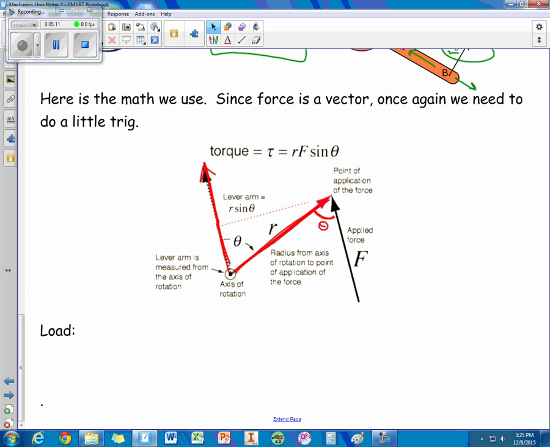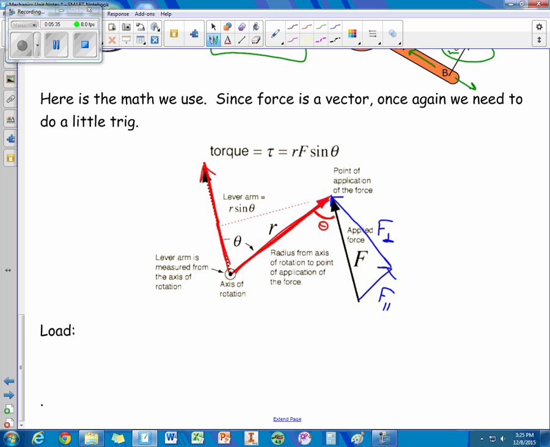Well, this force can be broken up into an x and a y component, or a parallel component and a perpendicular component. Notice that the parallel component does not help to rotate this bar, only the perpendicular one. So we need to calculate that.